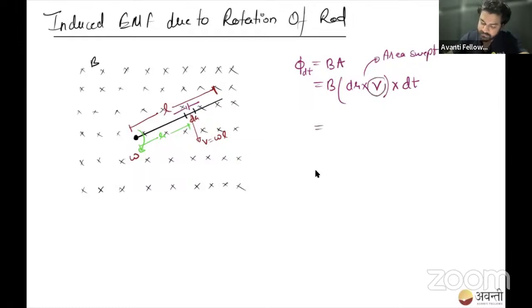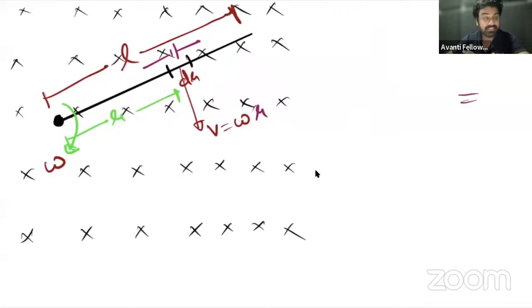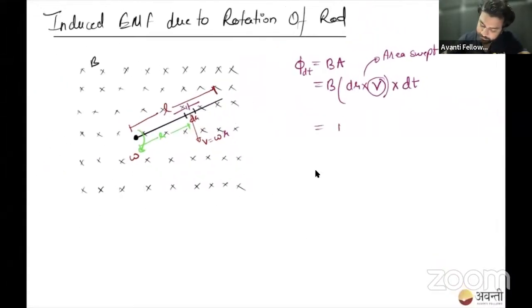Now if I replace this velocity by omega L, because v is equal to omega L, actually it will be omega r, because this dr element is at a distance of r, not L. A small mistake there, it is r. So we write B dr omega r dt.